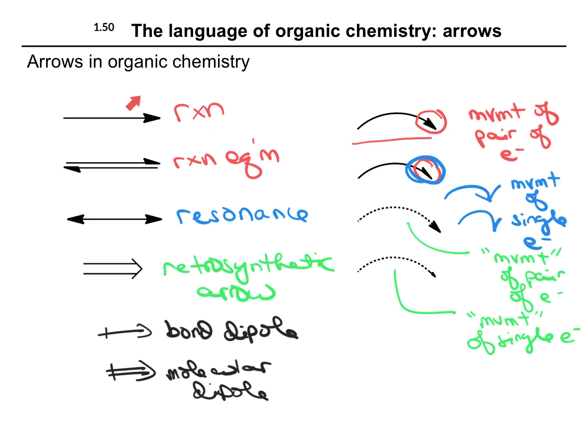So some of these arrows you have probably seen already in general chemistry. Some of them are probably new, but they are incredibly important for being able to communicate in the language of organic chemistry. In the rest of this video, we're going to focus on the curved arrows, and I want to show you how these can be used.